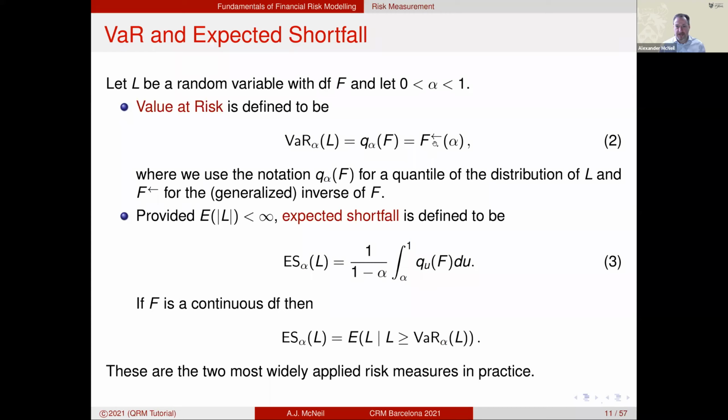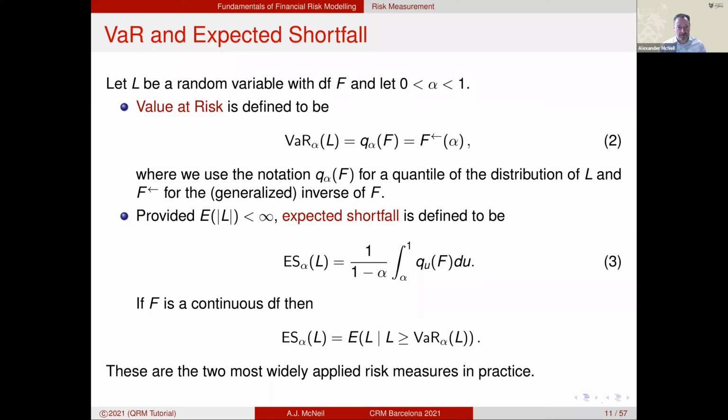In our textbook, we don't use a -1 for the inverse. We use a left arrow, which is a generalized inverse, but we don't need to worry about that at all. So F left arrow is the inverse of the distribution function. And so VaR is a quantile at level alpha. Alpha might be 95%, it might be 99%.